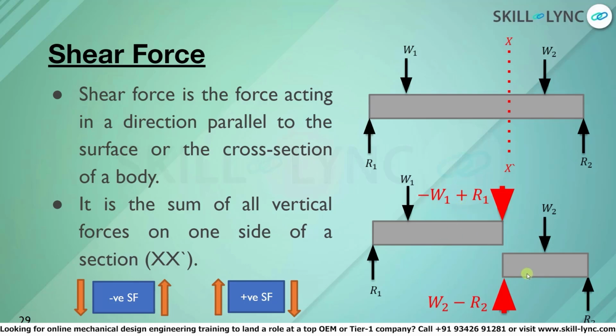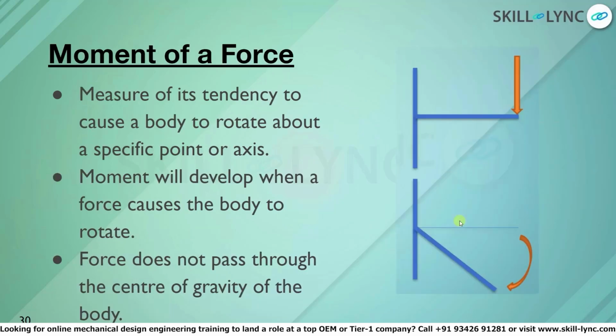Similarly, on the right side of the beam, the gravity force is positive and the reactionary force is negative as we discussed earlier. So, here the equation will be plus W2 minus R2. Generally, shear force is depicted using Newton or kilonewton as its unit.